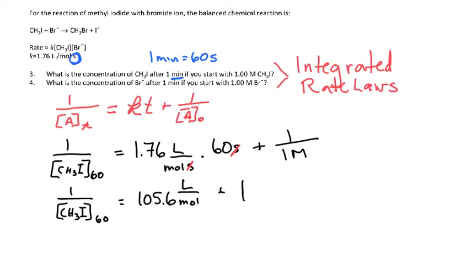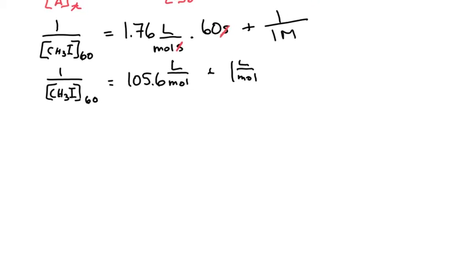Plus 1 over a molar is 1 over moles per liter, which inverts it, 1 liter per mole. So we keep going. 1 over the concentration of methyl iodide at 60 seconds is equal to 106.6 liters per mole.